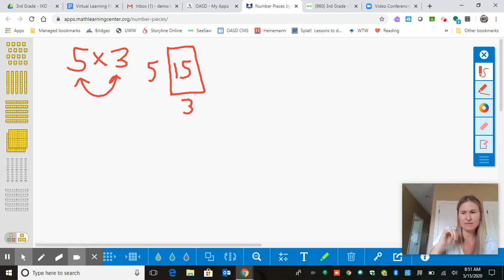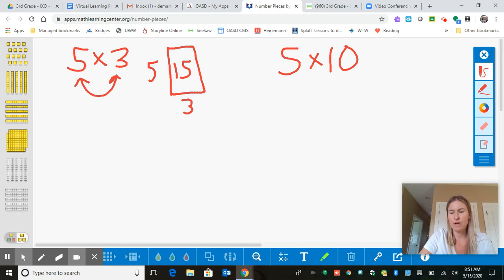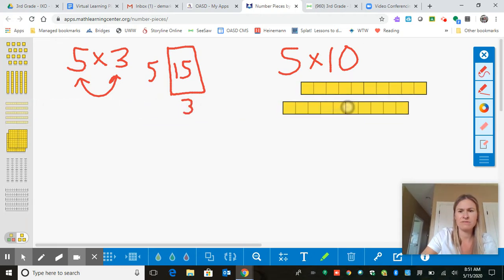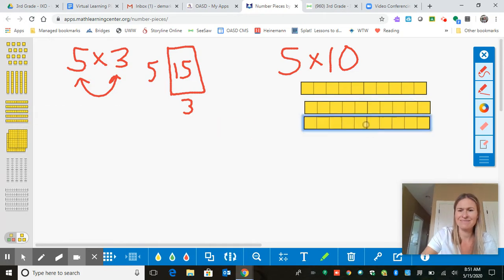Well, let's try something that should be practiced from last week. What if we had 5 times 10? Go ahead and write the product of 5 times 10 as I do the array, because now it is 5, 10 times. I'm going to build 5 rows of 10.